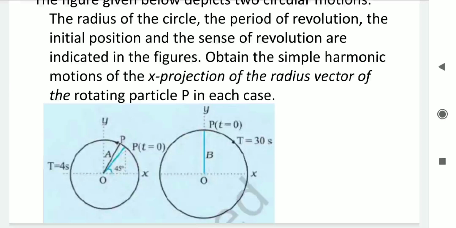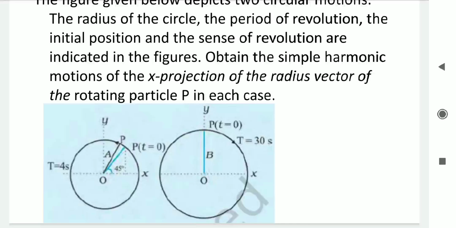After time t, the particle has moved ahead to another point P. Here it covers the angle 2 pi t by T, that is omega t, in the anti-clockwise direction. So the total angle it makes with the axis is omega t plus phi, that is omega t plus pi by 4. Phi is available over here as 45 degrees.